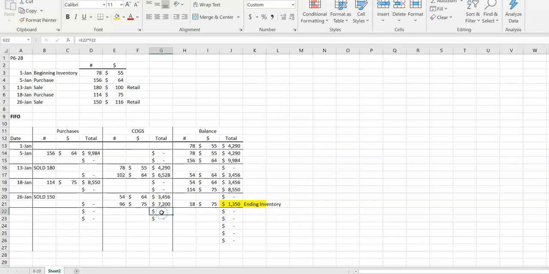And then my cost of goods sold is going to be the sum of those.